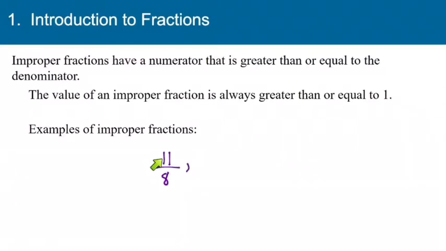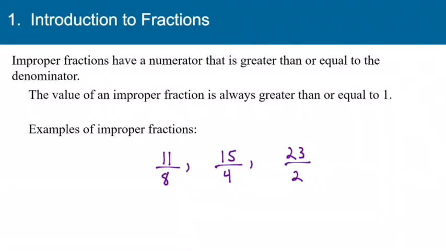Notice that the top number is more than the bottom number, and so in this case it only takes 8 pieces to make a whole, but we have 11, so we have more than one whole thing. 15/4, and again the numerator is more than the denominator, so if it only takes 4 to make a whole and we have 15, then we have more than 3 whole things, because 4 would go into 15 more than 3 whole times. And 23/2 is also an improper fraction, because clearly the numerator is more than the denominator.